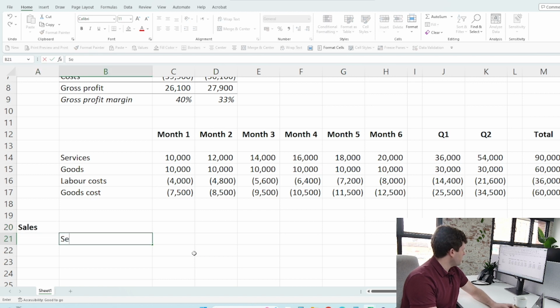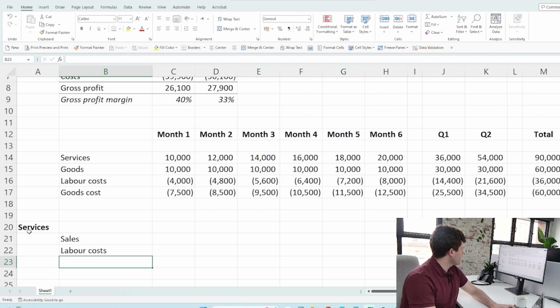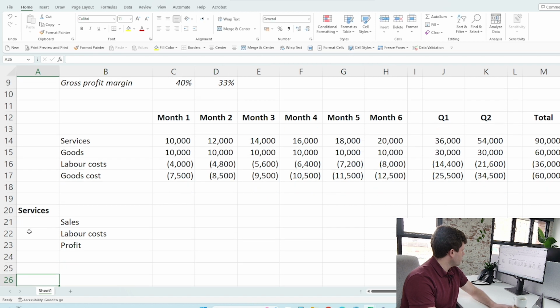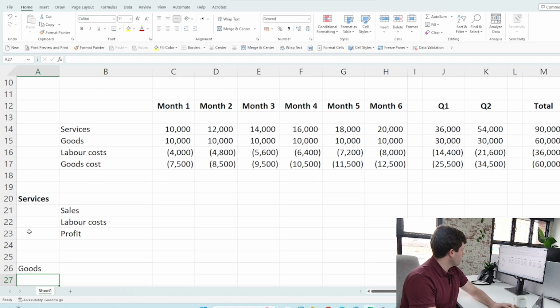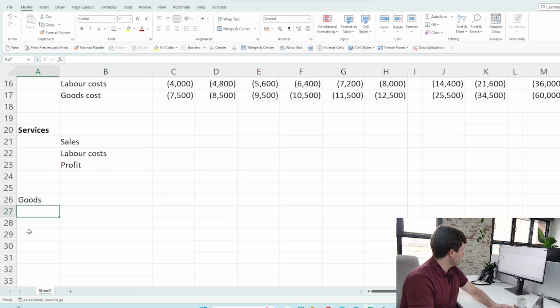we could display it a bit like this. In fact, I'm going to do it differently. I'm going to go services, sales, labour costs, and then we'll need to put profit in there, and then I'm going to put goods underneath.